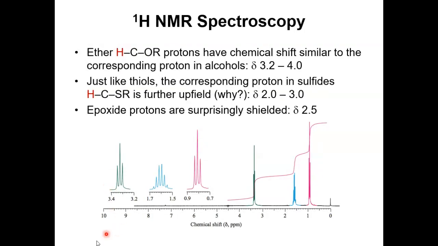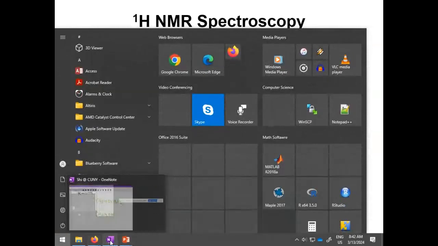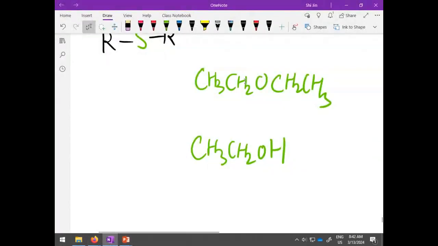Just like we look at here, these protons are expected in the same range, usually around 3.3 to 3.5 ppm, because these protons are deshielded directly by oxygen.